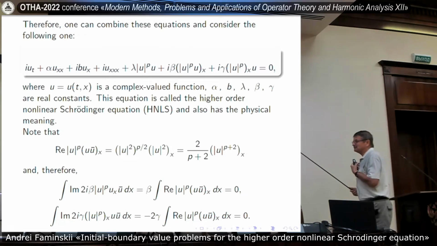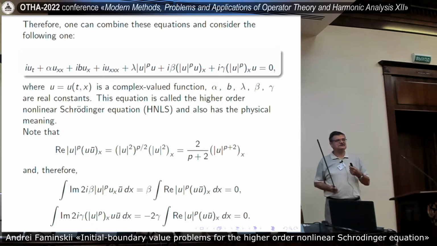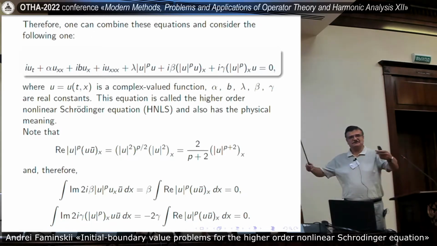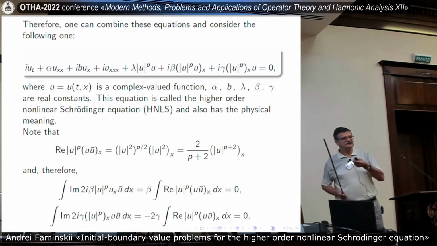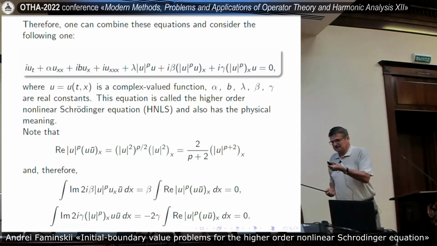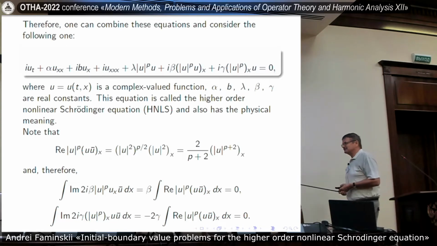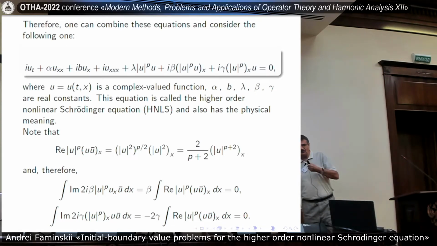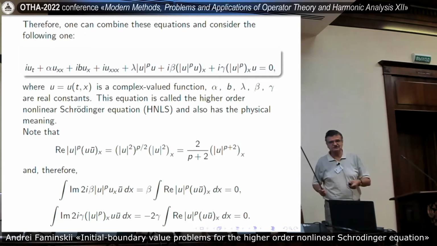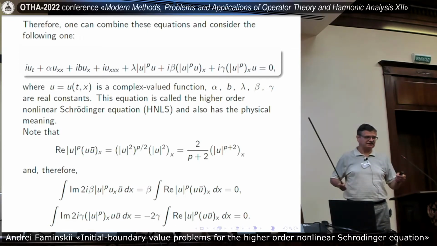So, for me, as a mathematician, it's enough that we have an equation to study, so now we have to investigate it. Maybe it's not a perfect approach, but as a bonus, I want to say that this equation also has physical meaning.